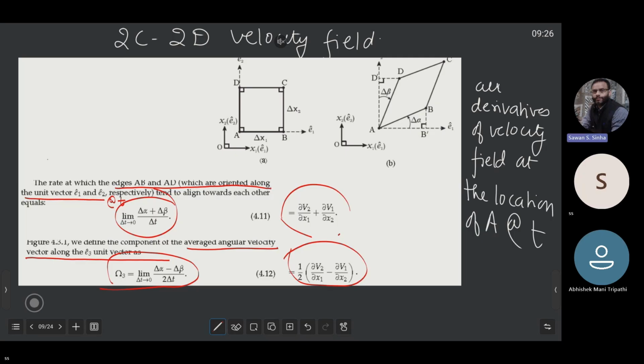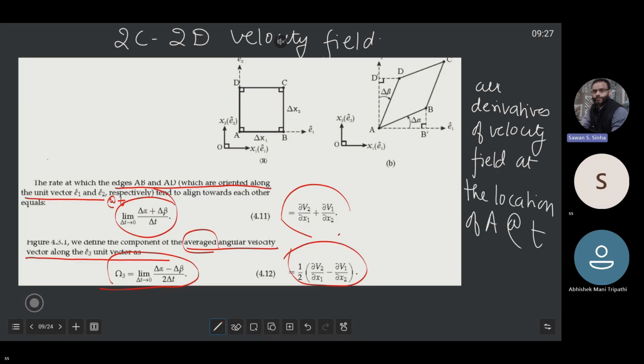Remember the difference between averaged angular velocity and the angular velocity of a rigid body? I told you last class. Anybody remember? Why am I adding an extra adjective here? Averaged angular velocity. In APL 100, it was just angular velocity. If you have a rigid body, it has a unique angular velocity vector.